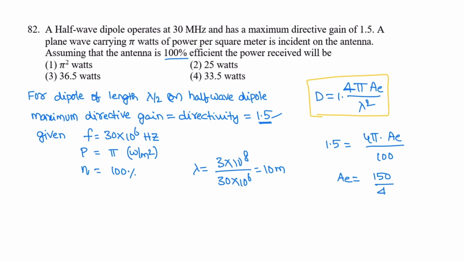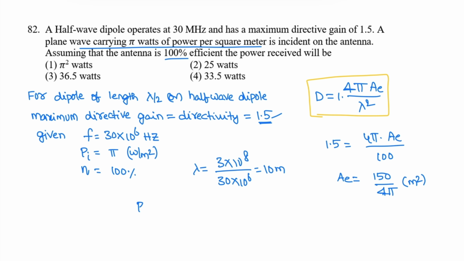So effective aperture area is 150 by 4 pi meter square. Next, in the question they have given a plane wave carrying pi watt power per square meter incident on the antenna. So incoming power density is pi watt per meter square.